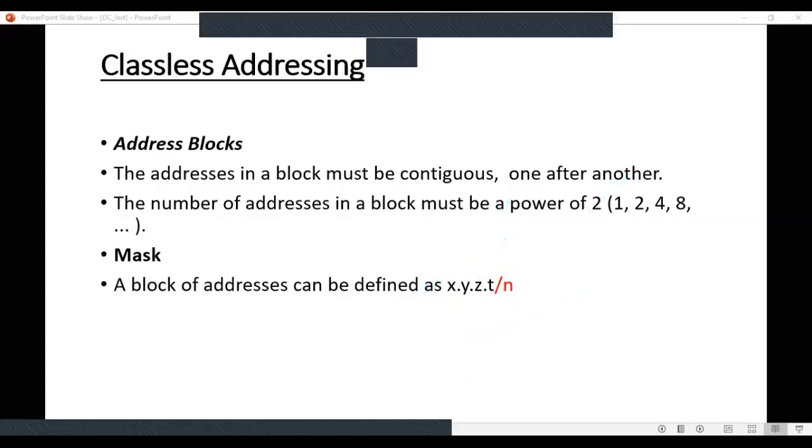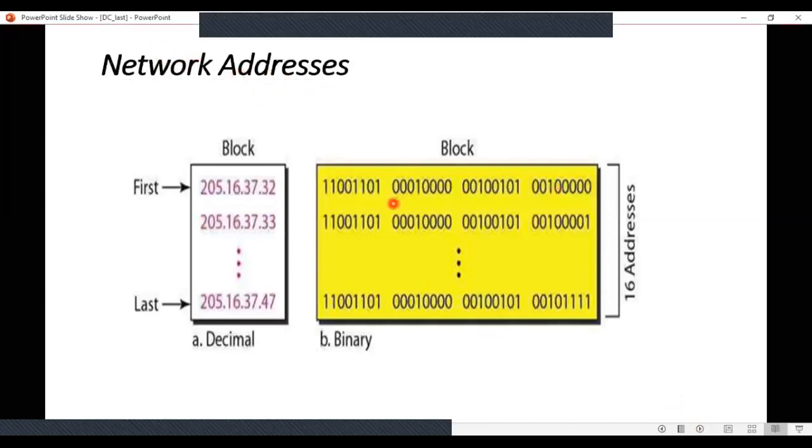Next is the network address: how to identify the first and the last address. To identify the first address in a block, given an address along with the slash notation, take our previous example, 205.16.37.39/28, and look at its binary notation.